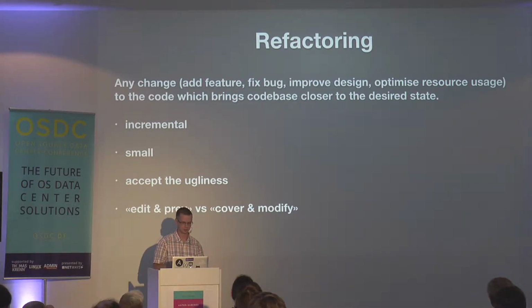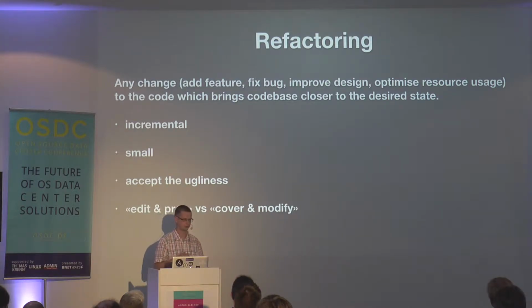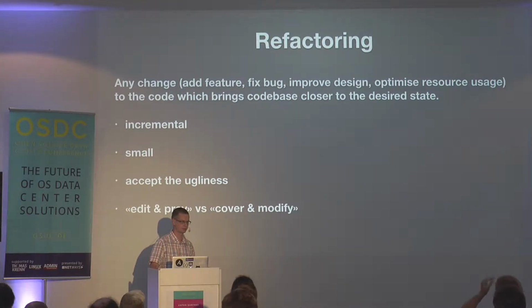So normally we try to make refactoring in an application incremental, small, and we may accept some temporary ugliness. But talking about how this can be done, we have to think that it has two solutions. The first one is edit and pray, which is similar to fingers crossed, that you just change something and run it and hope that it works.